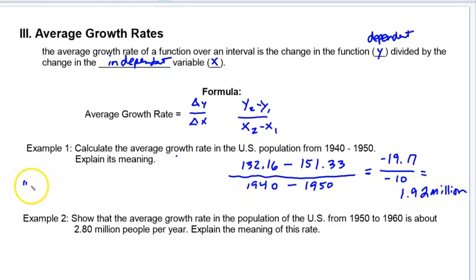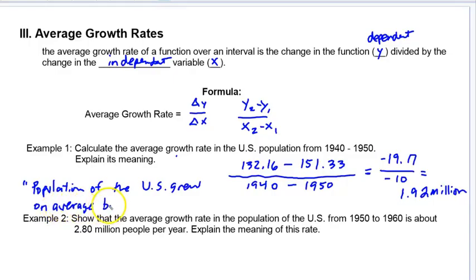So the population, this is growth rate, population of the U.S. grew on average, okay, on average, by 1.92 million per year. Okay, so this is a yearly average that we've done.